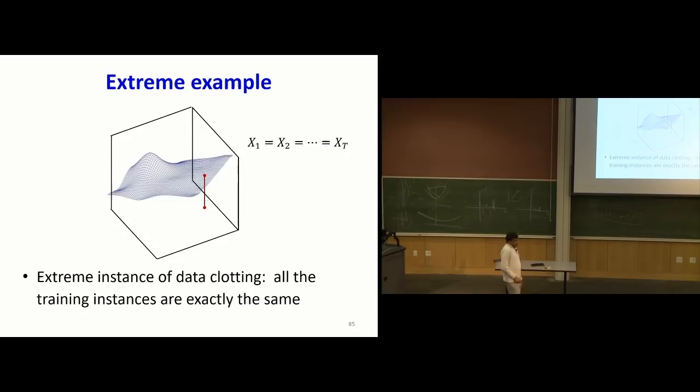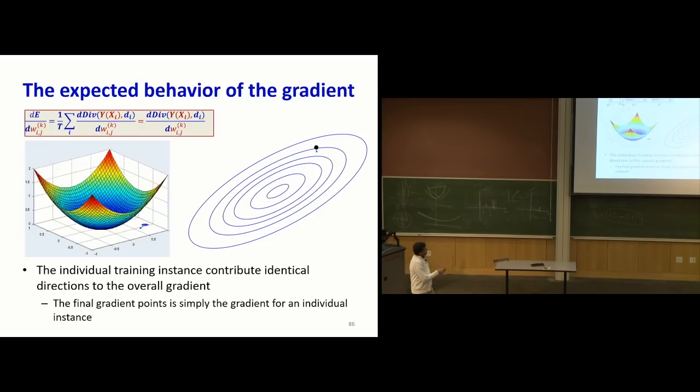But let me take an extreme example. All of my training points are at the same location. If all of my training points are at the same location, what happens? Then every one of these guys is giving you the same gradient. The average is going to be the same as the gradient with respect to any individual instance. Correct?